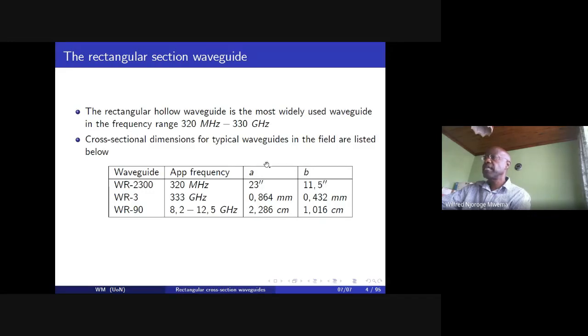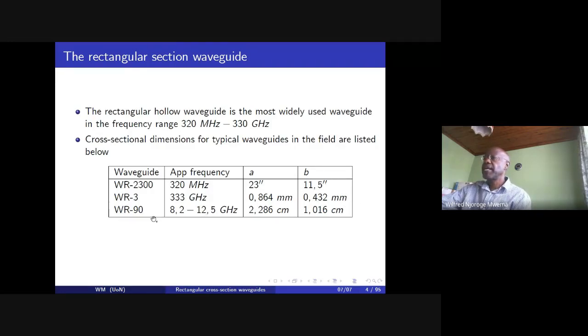If you want to change that into SI units, just multiply by 25.4 millimeters and you'll get it in millimeters. The WR3 operates at 333 gigahertz and it has an A, or a width, of 0.864 millimeters and a height of 0.432 millimeters.